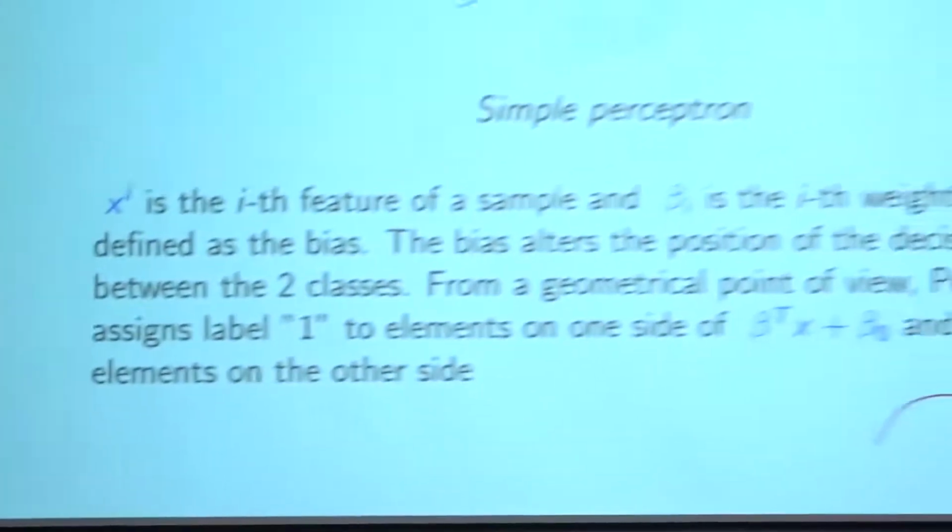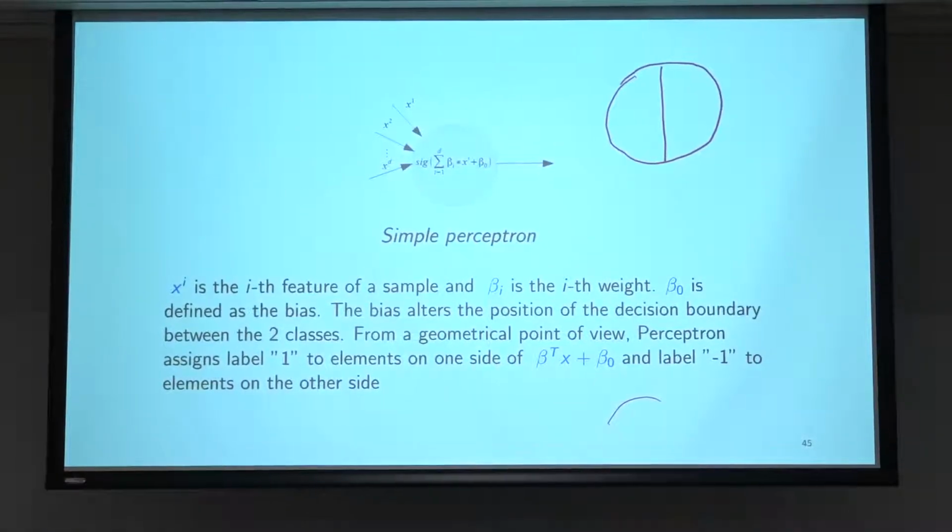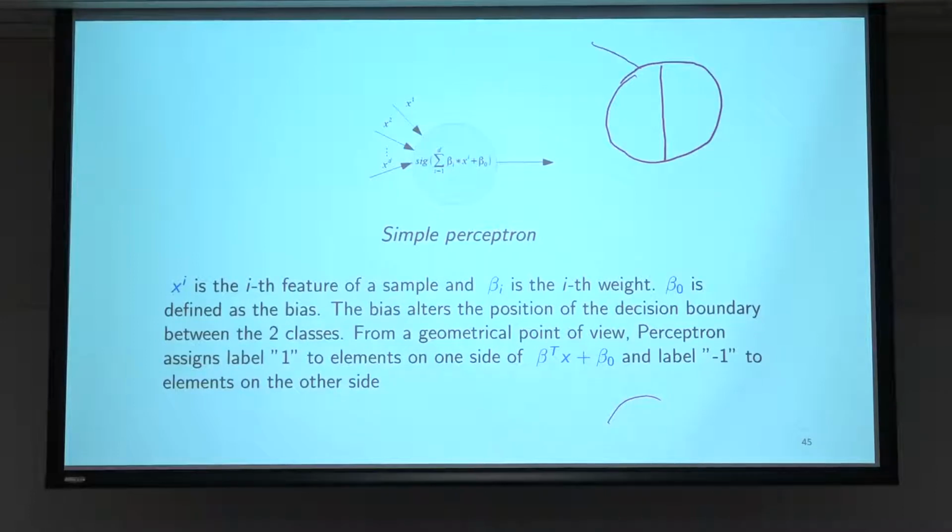A perceptron is basically a simple unit which has 2 parts. The first part of a perceptron simply computes a weighted sum of inputs. So suppose that you have a d-dimensional vector. And this d-dimensional vector is the input. Basically, you have d features or d variables for an object.